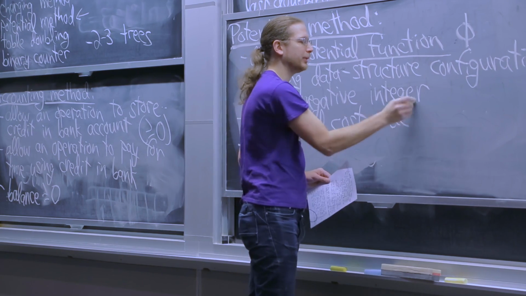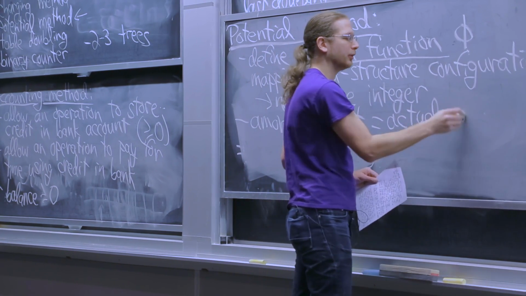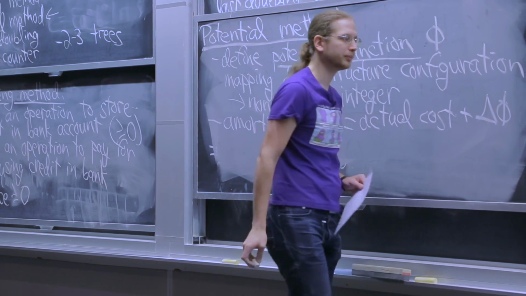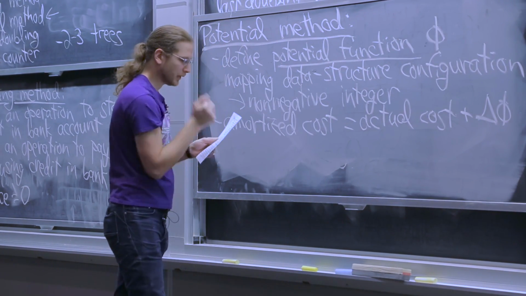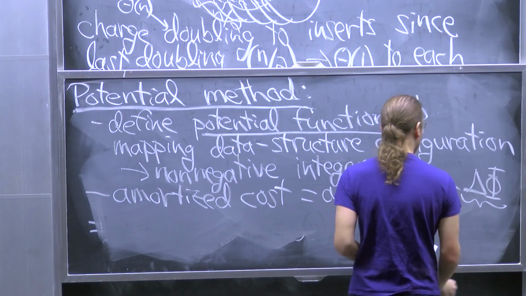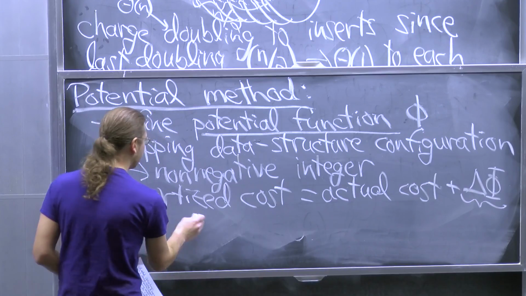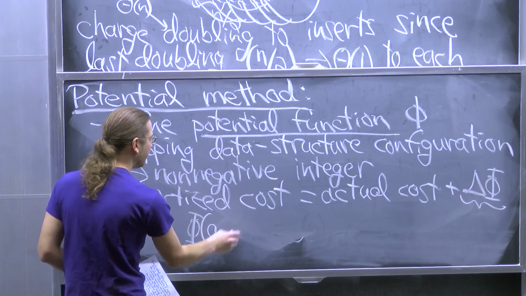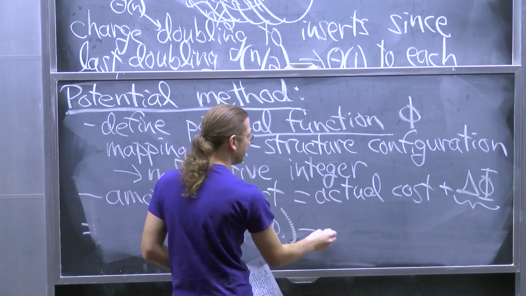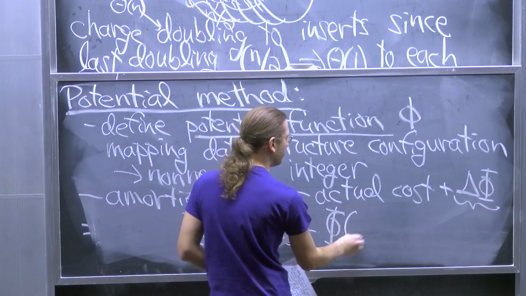It's going to be the actual cost plus the change in the potential. So change in potential is just the potential after the operation minus the potential before the operation.